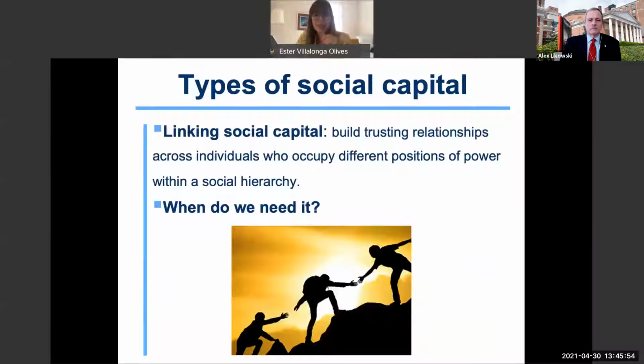Types of social capital, the last one, linking social capital. So equally important is the role of linking social capital in ensuring that the needs of the vulnerable are not ignored. In this context, it is vital that individuals can access life-saving health services regardless of their socioeconomic or legal status, cultural identity, or geographic location. A previous study of linking social capital in Spain, again, demonstrated how nurses with low financial resources could be used to increase trusting relationships between irregular migrants and healthcare providers to increase the overall accessibility of healthcare services.